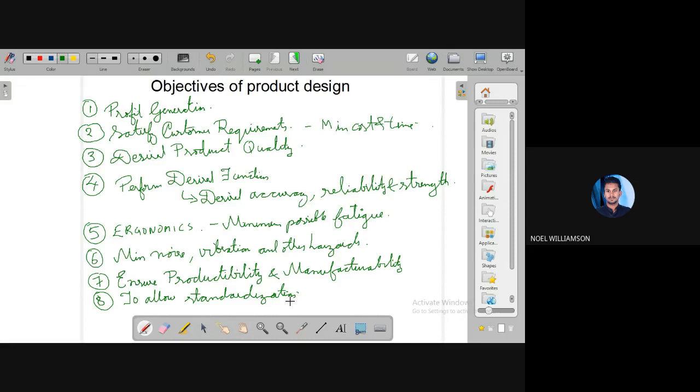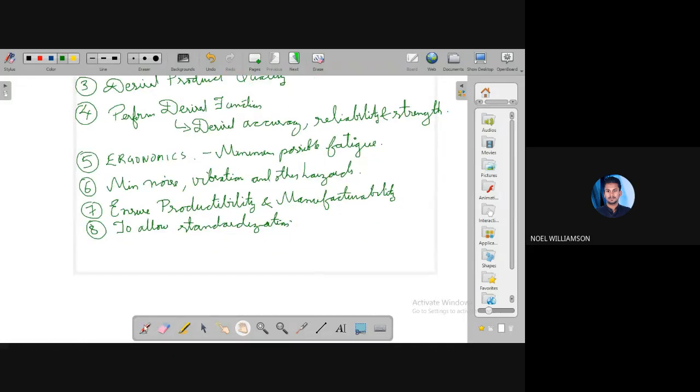Next, to have the minimum number of components. That means simplification. The component should not be complex, so we have to simplify.